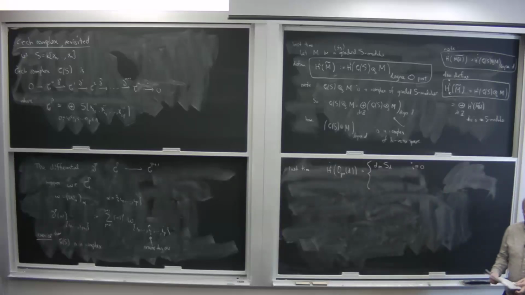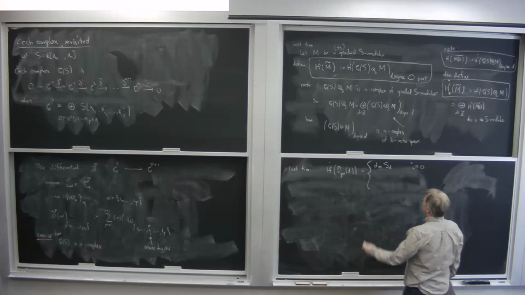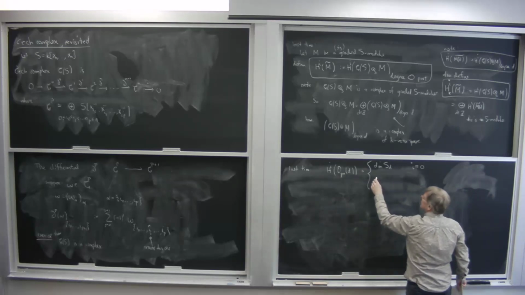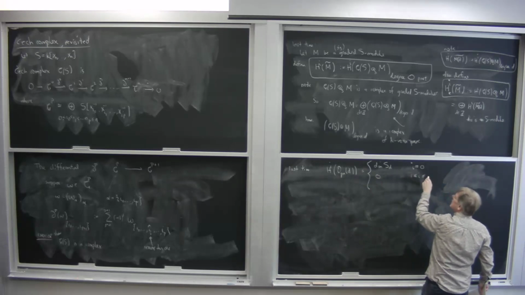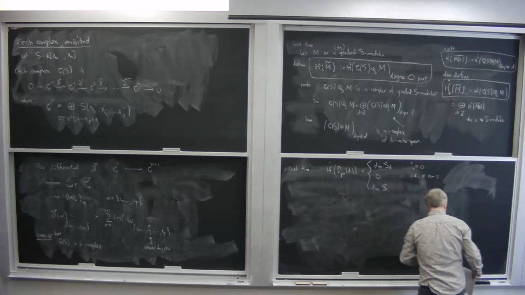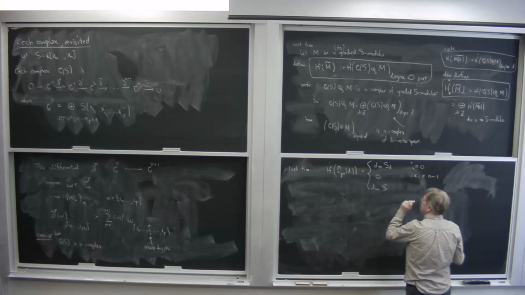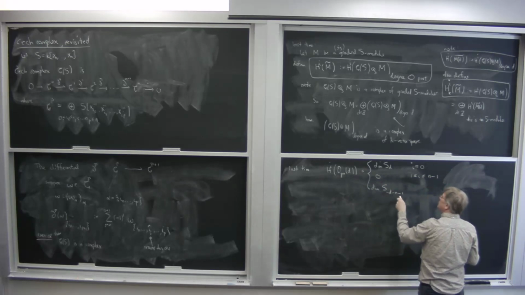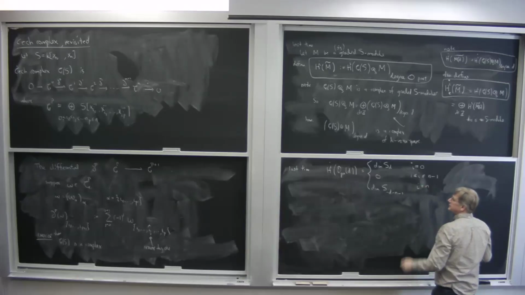Okay, so the number of polynomials. So it's a basis of all the polynomials of degree d, or of the monomials of degree d. It's 0 if i is between 1 and n minus 1. And then it's the dimension of S in degree minus d minus n minus 1 if i is equal to n.